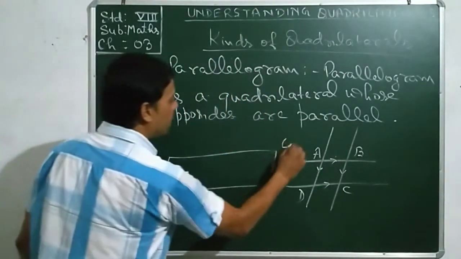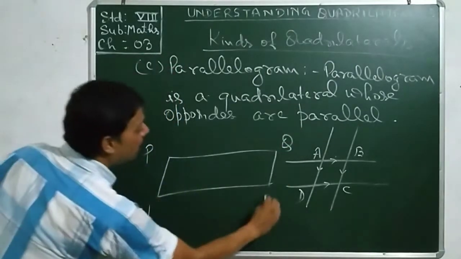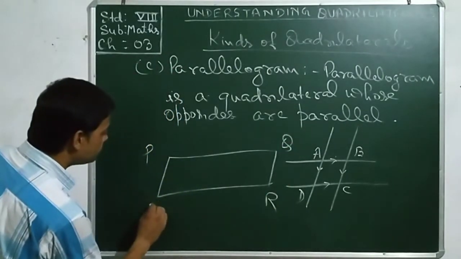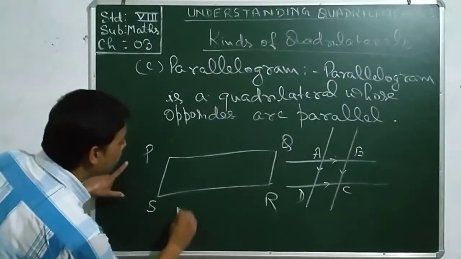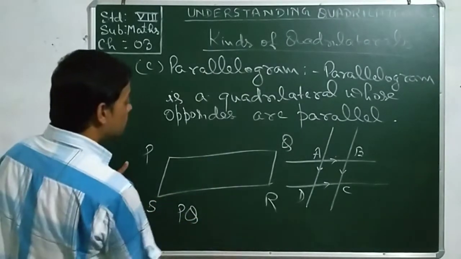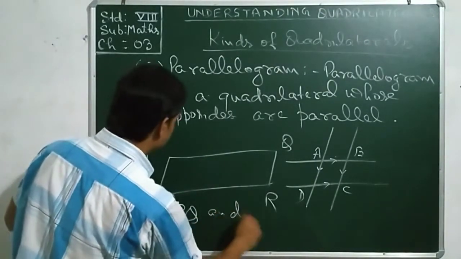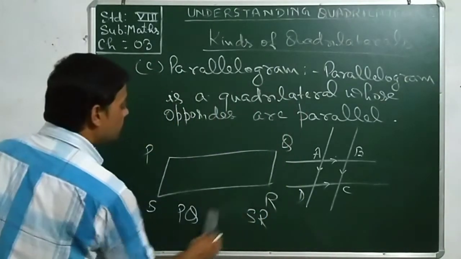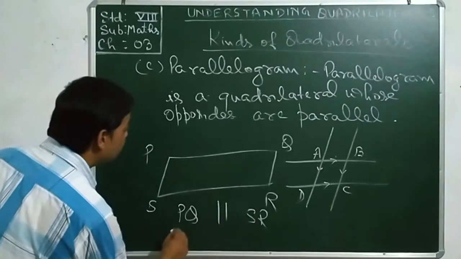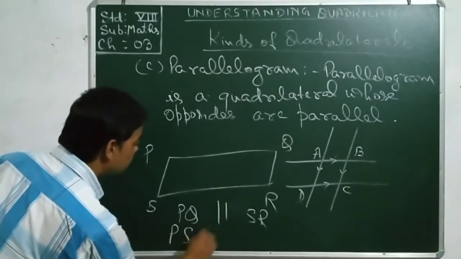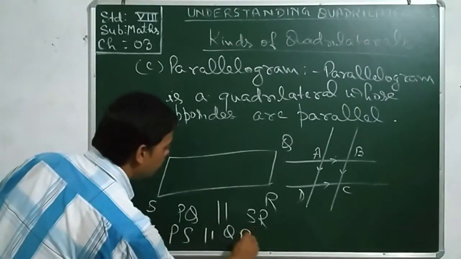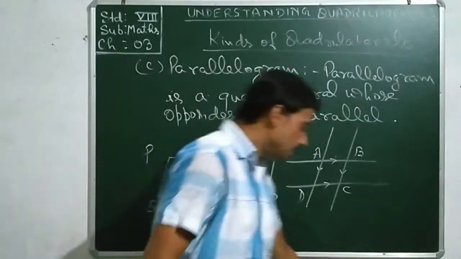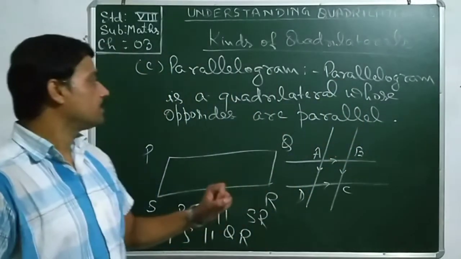If you consider another example, PQRS, we can write PQ parallel to SR and PS parallel to QR. That means it is a parallelogram.